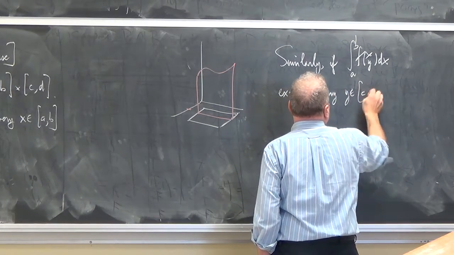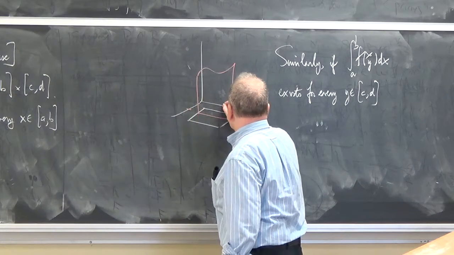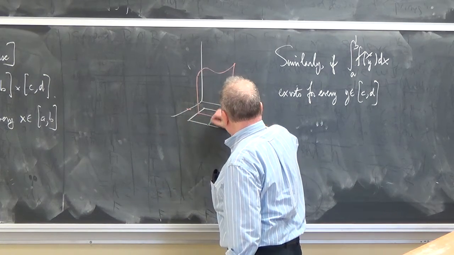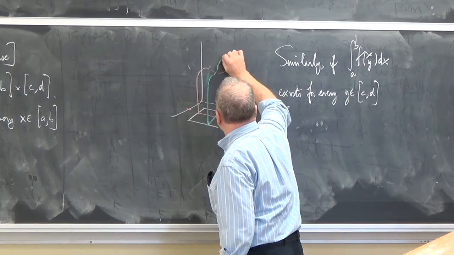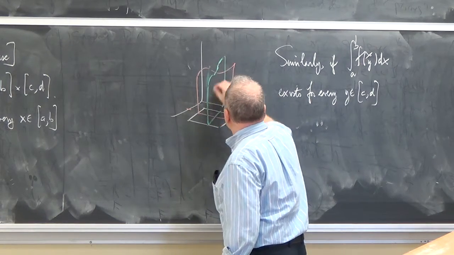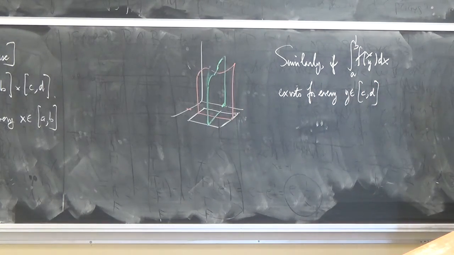so now we're doing the other slices, fixing a y and taking the area under the slice where you vary x.